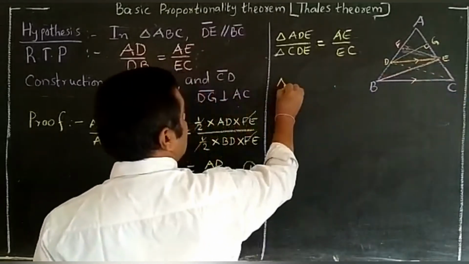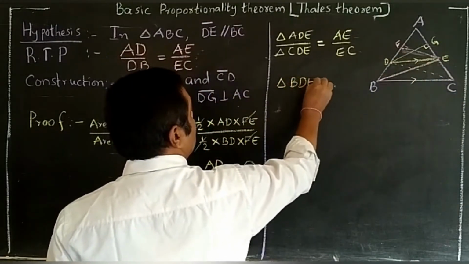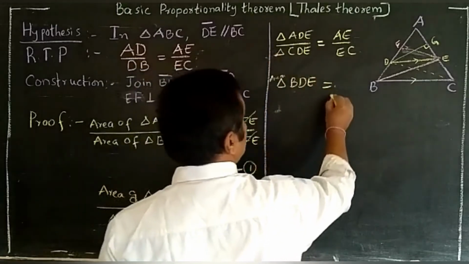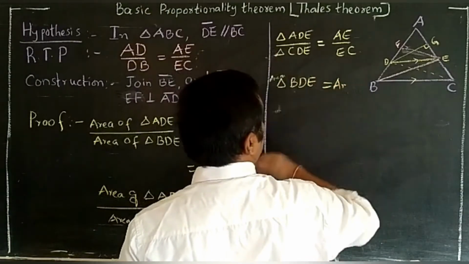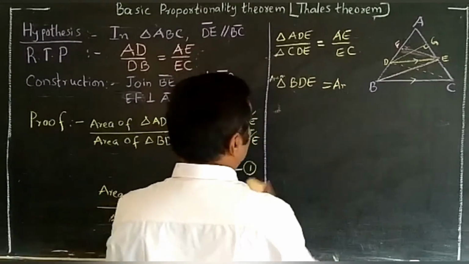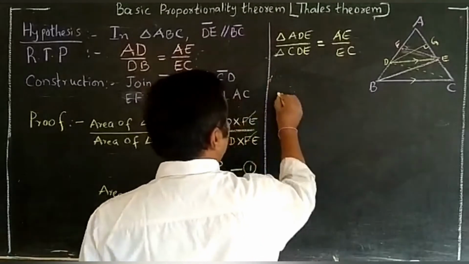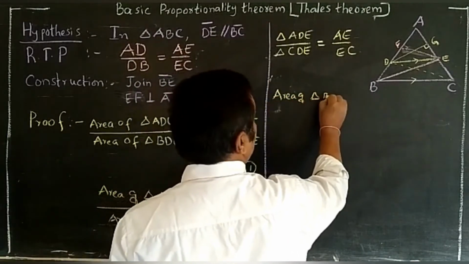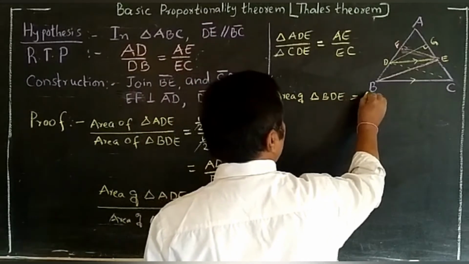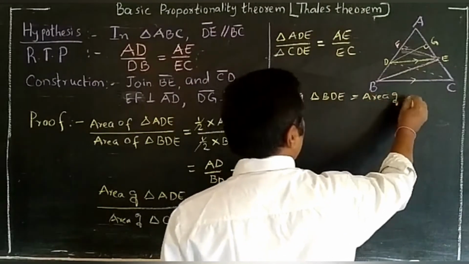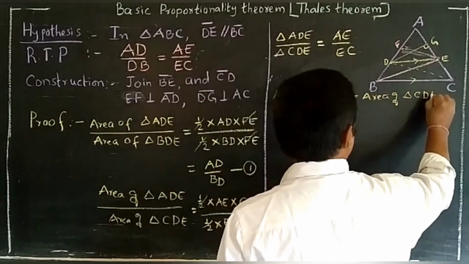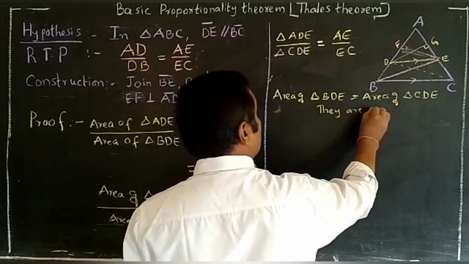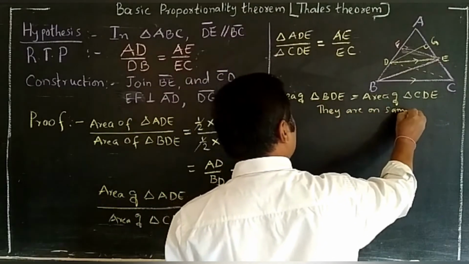That's why area of triangle BDE is equal to area of triangle CDE. Why? Because they are on the same base.